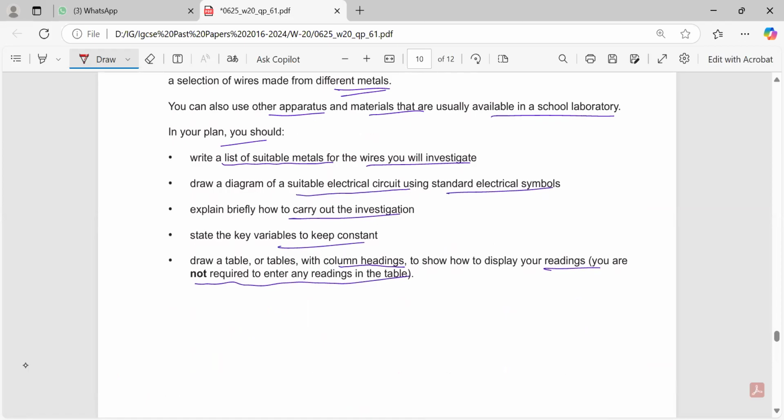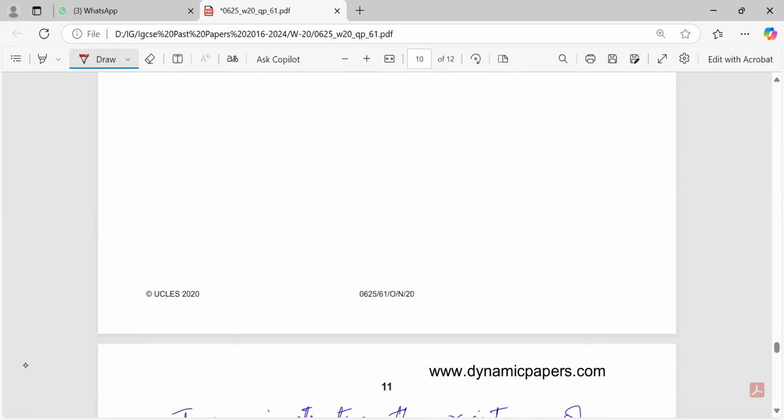Now, what is the next point? The next point is to explain briefly how to carry out the investigation.